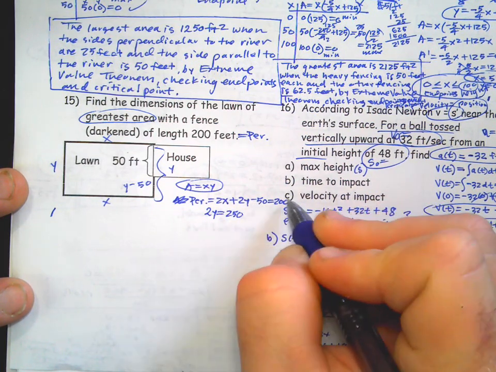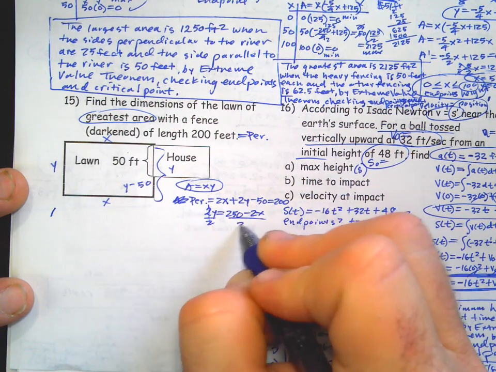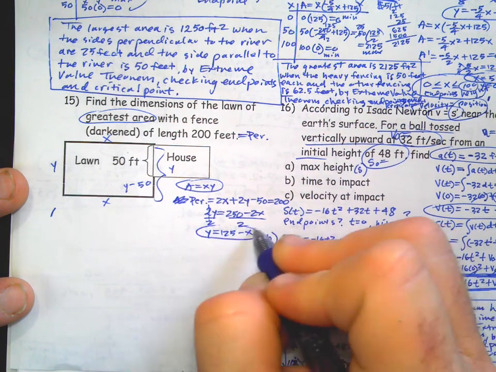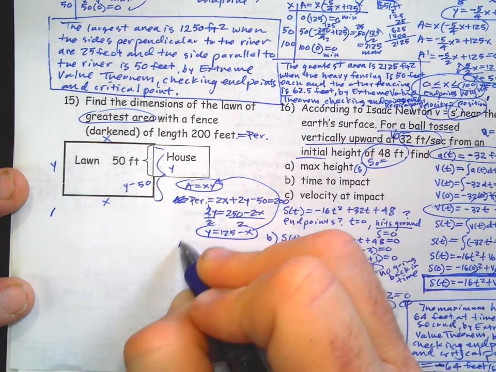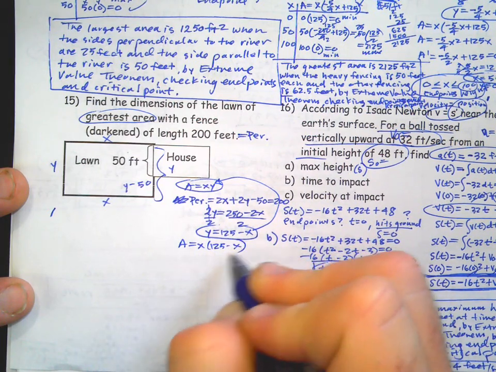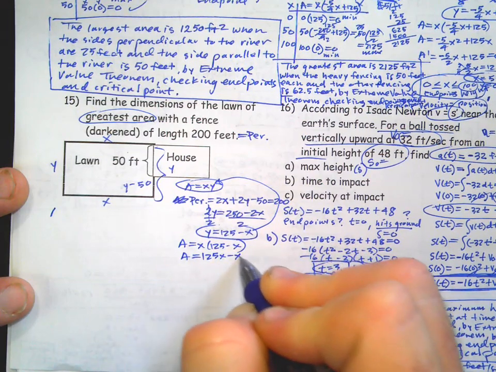So I'm going to add the 50. I'm going to subtract the 2X. I'm going to divide by 2. So Y equals 125 minus X. I'm going to plug that back in up here to get my equation in terms of one variable, X times 125 minus X. So A equals 125X minus X squared.